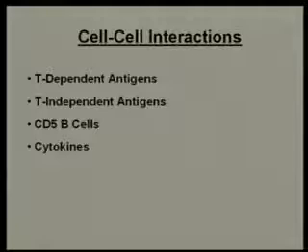With the T-independent antigens, a particular cell population known as the CD5 or B1 cells plays a big role in the response. And the last part will kind of put you to sleep by discussing many cytokines and what their role is in the immune response. Okay?